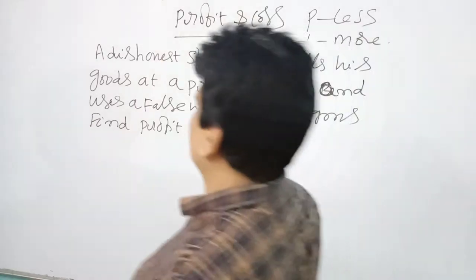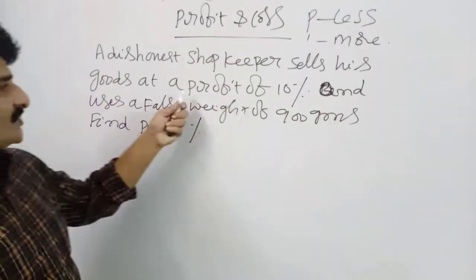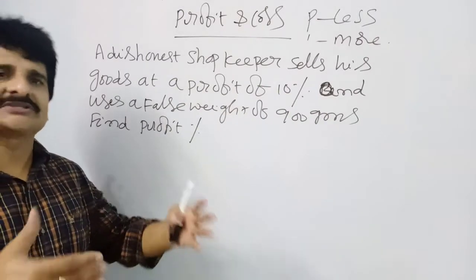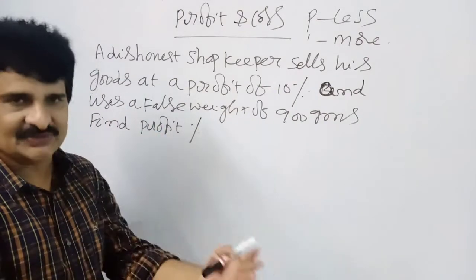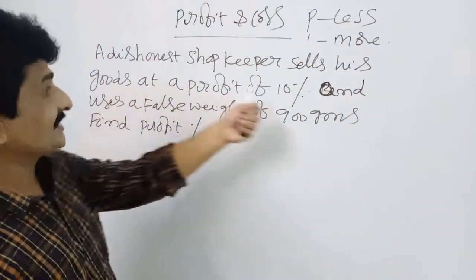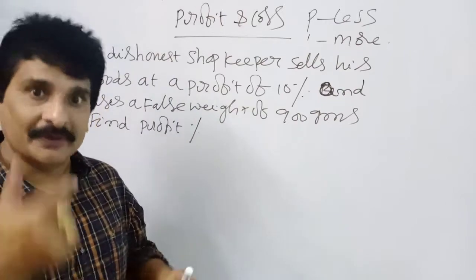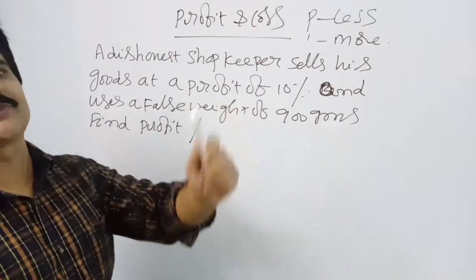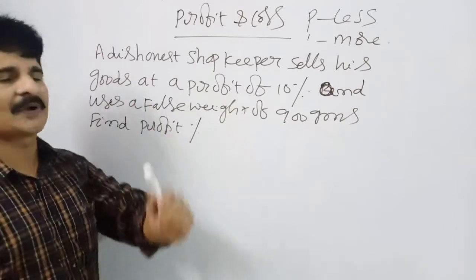A dishonest shopkeeper sells his goods at a profit of 10% and uses a false weight of 900 grams per kg. Find the profit percentage.